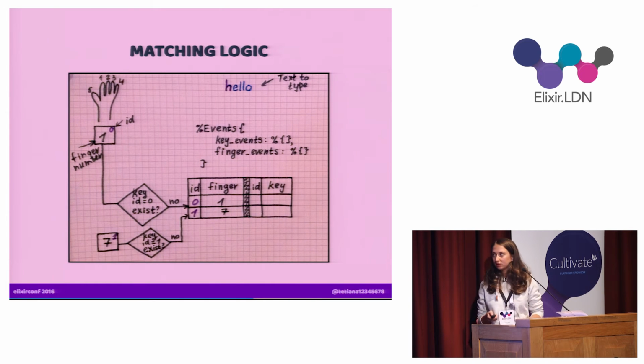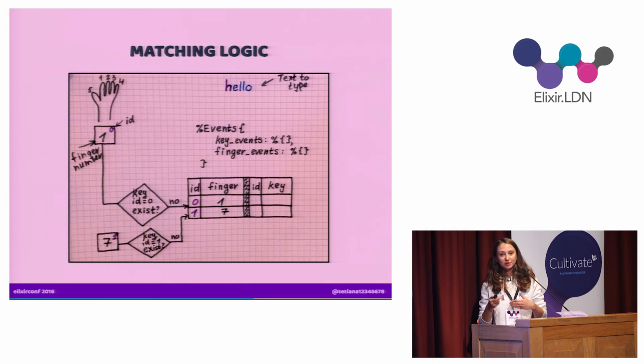To talk more in detail about that, let's say we have some text to type, and we press the letter with the finger, and the signal comes first from the finger. There is a condition which is going to see whether we have this key for the ID of the finger in the map.